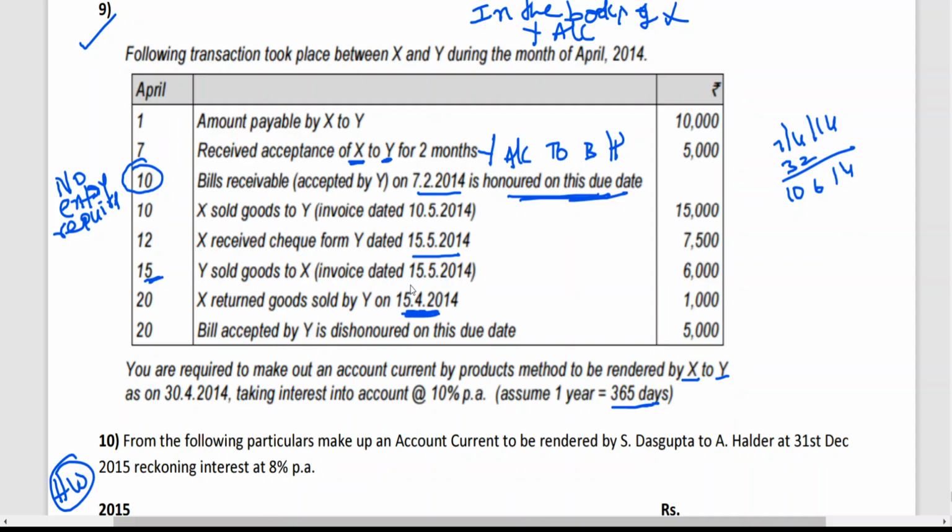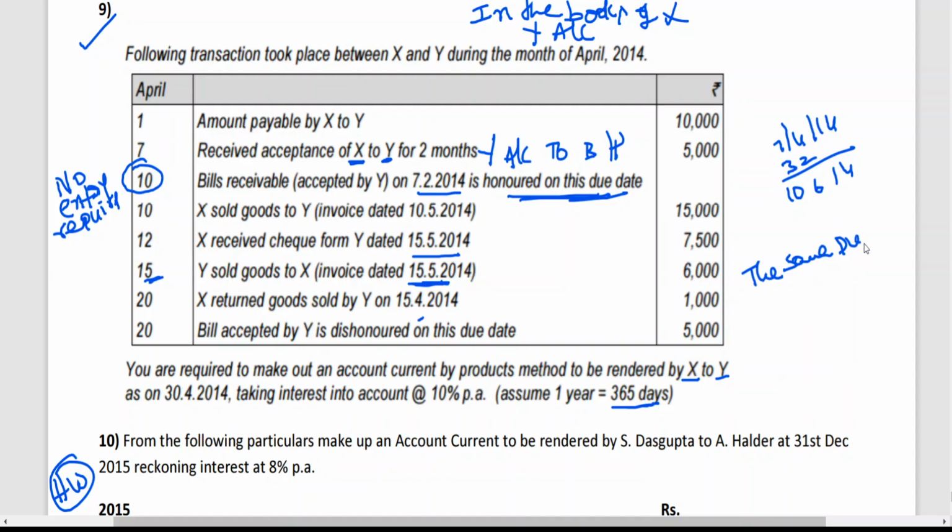You should take the invoice date as 15th May. Are you following? This is important. The 15th April purchase goods have been returned, then you should take the invoice date of the purchase goods, but not 15th April. So what is the invoice date? 15th May. From where you are returning purchase goods, which is due on 15th May, the same due date is applicable.